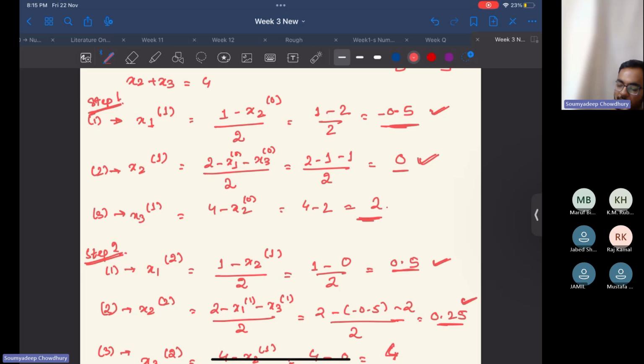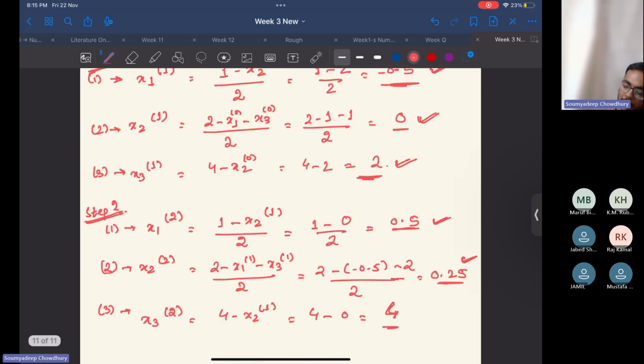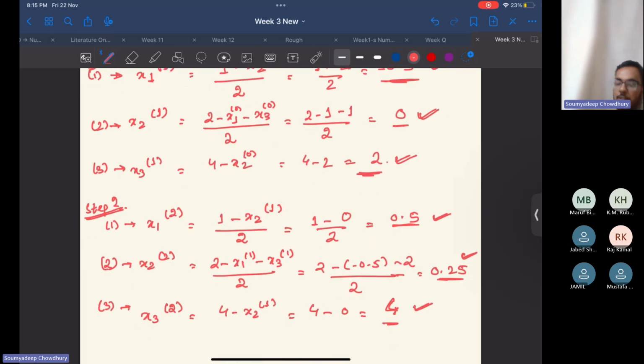The x3 value was 2 in the first step and 4 in the second. So the deviation is huge. At every step you have to check the deviation, that is the difference between the values in the present iteration and the previous iteration. Once it is less than the tolerance value, which is generally around 10 to the power minus 3 or 10 to the power minus 4, then you can stop your iterations.